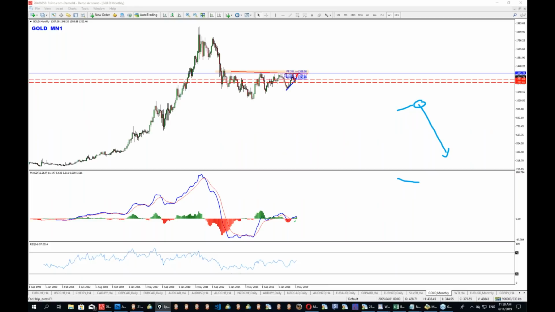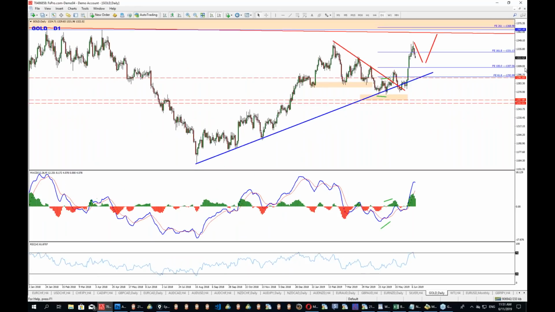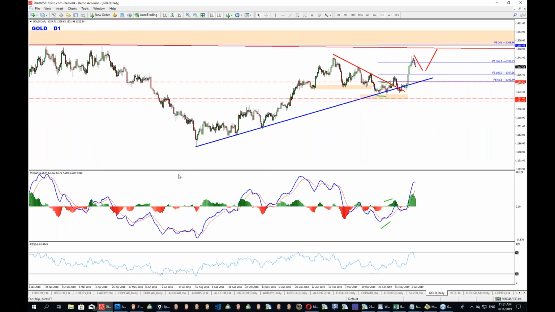Because that starts to form something interesting. So that could possibly be a continuation upwards. Let's see, guys. Let's see. I guess it will take, well, a few weeks, maybe. Who knows? Not good with timing. That's about gold.